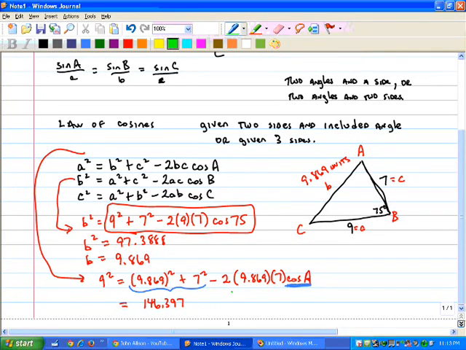Now we'll type in this part. We'll do negative 2 times 9.869 times 7 to get negative 138.166. That's still being multiplied times cosine A. And of course 9 squared is just 81.